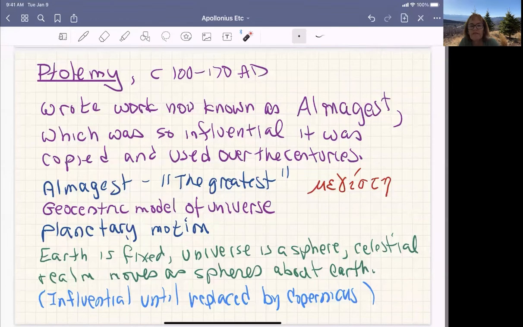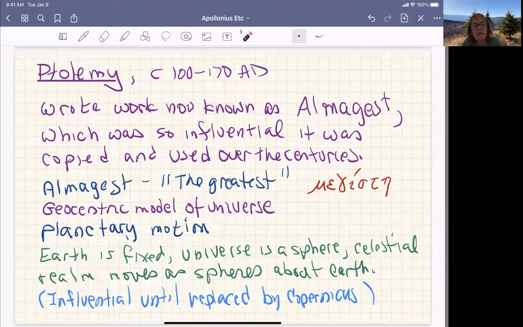This book was very influential. It was copied and used again and again and again over many centuries, probably second only to Euclid as far as how much influence it had.